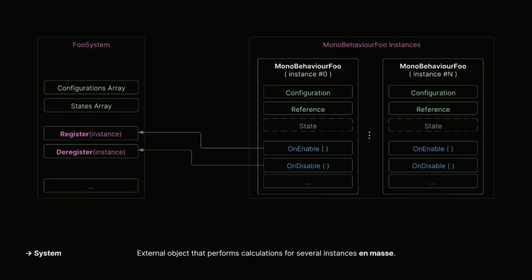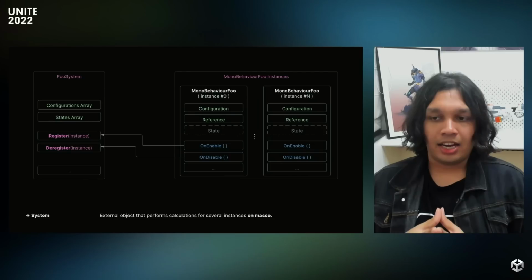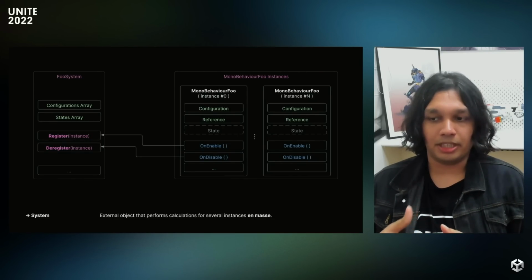And the system duplicates the configurations of these instances and stores them contiguously in an array. And it also gets rid of the states from each separate instance and instead also stores them contiguously in its own internal array. And this is in essence what a system is. We use an external object to run the logic, the behavior, over multiple instances.